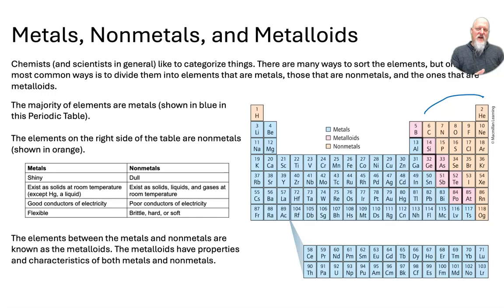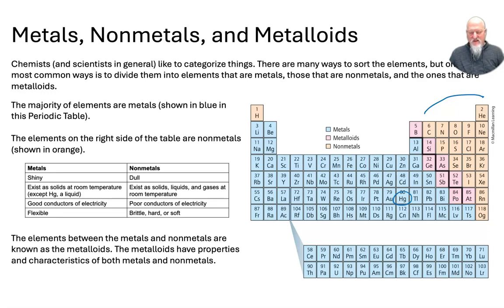Copper has that orangish copper rust tint to it. But for the most part, most of them are silver. The other thing about metals is that they conduct heat and electricity. They are very flexible. You can pound them and make flat metal surfaces, or you can pull them into wires. The only one that you really can't do that to is mercury, because mercury at room temperature is a liquid.